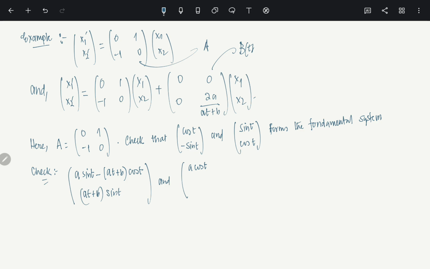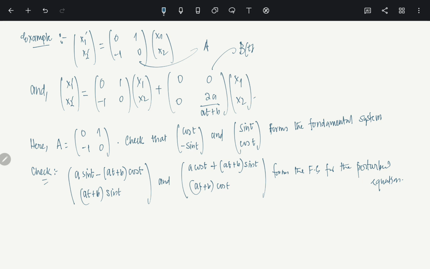Variable coefficient, but still it can be solved. This forms the fundamental system of solutions for the perturbed equation. I did not do it, but you have to check it yourself.